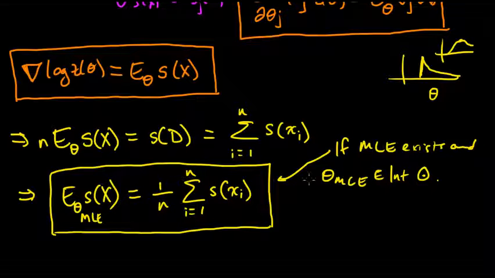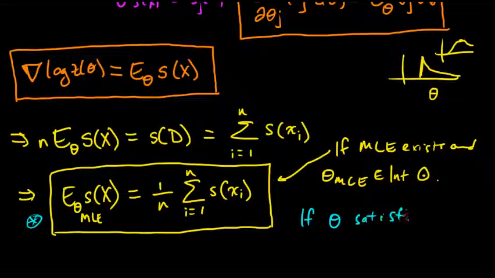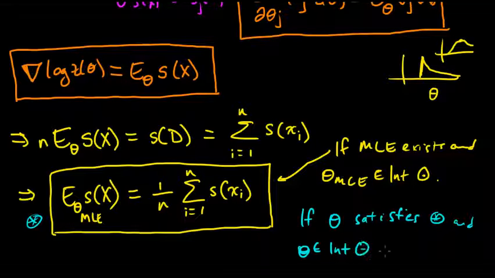So that's assuming that, but you can prove actually a more general condition, if I remember this correctly: if there is a point theta that satisfies this, let me call this star, and it's in the interior of capital theta, then in fact it's the MLE.